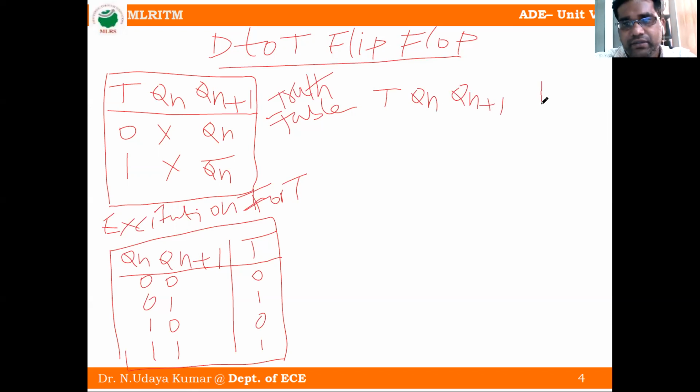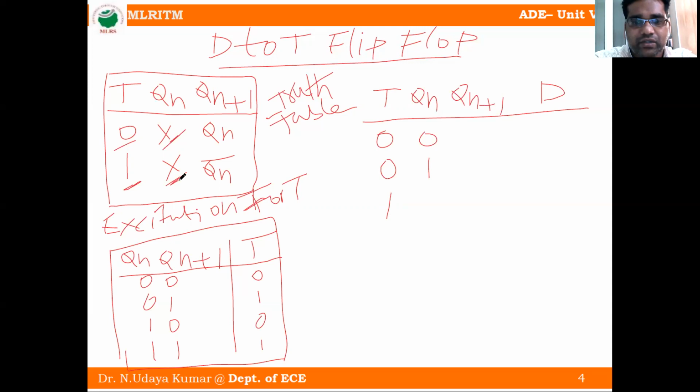Then it is D. We know that T is 0, so we write it as it is. Then instead of don't care, we write 0 or 1, and this one 1 0. So don't care means 0 or 1.